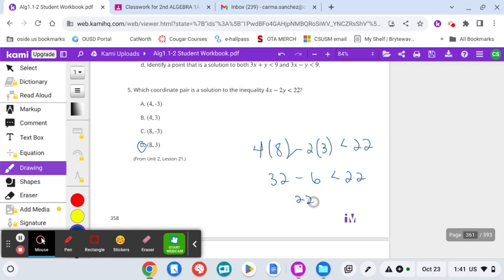Well, that comes out to 22. Is 22 less than or equal to 22? Sorry, it's equal. It's not less than 22. So because this one does not give us a valid one, go test A, B, and C and see which one it is.